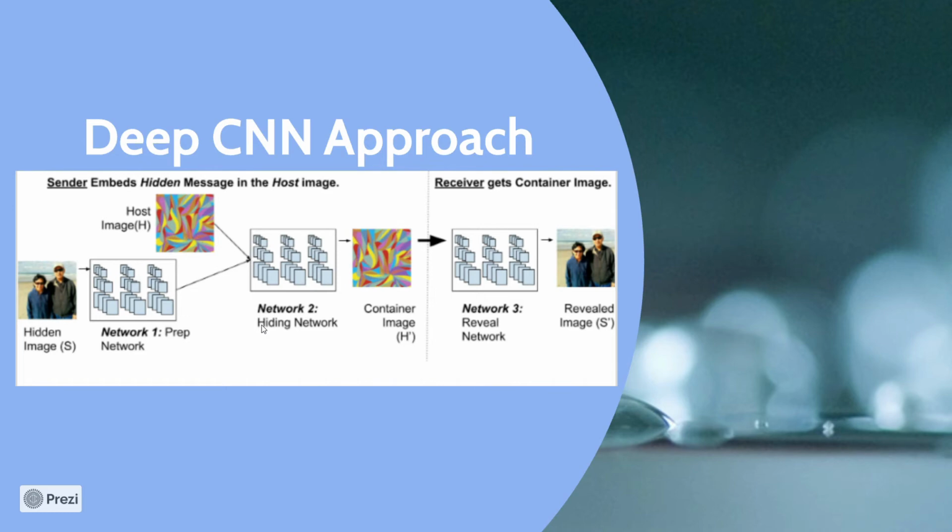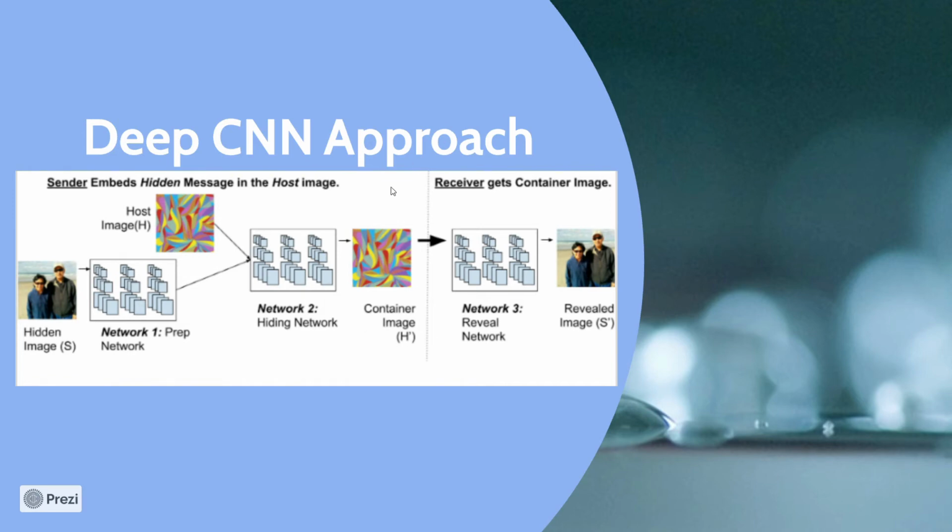One is the encoder, which is represented in the first half of the model, and the other is the decoder, which is represented in this part of the diagram. The encoder is used to hide the hiding image inside the host image to form the container image, and the decoder is used to reveal the image.